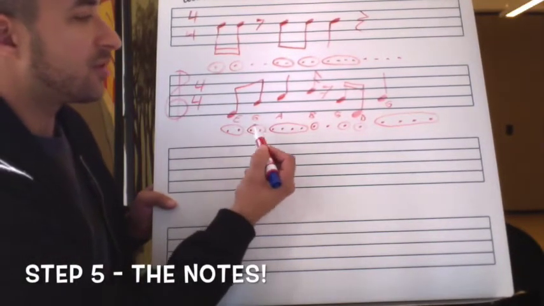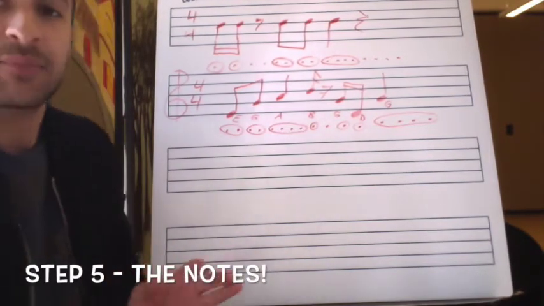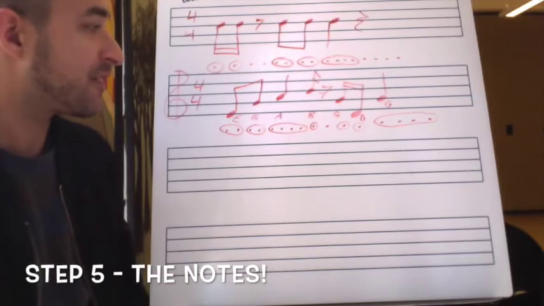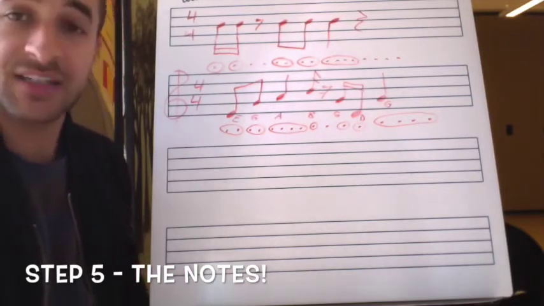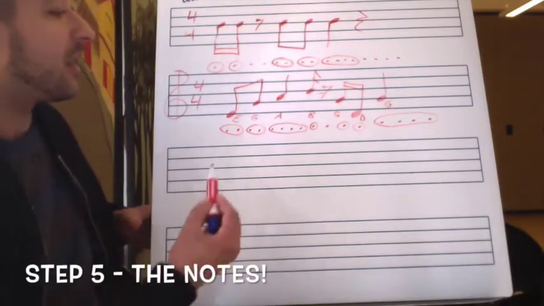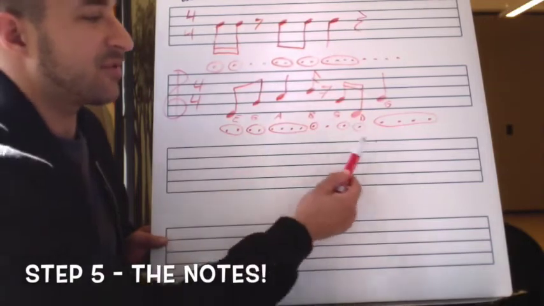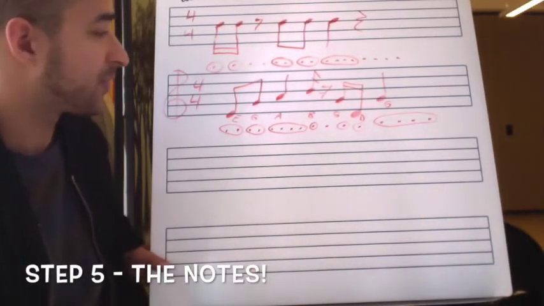So now, what I could do to help me get ready to play this on my instrument, say if it was the recorder, or the saxophone, or the bass, or the guitar, or the piano, or whatever you want, I'm going to say the note names in the same rhythm as it appears.